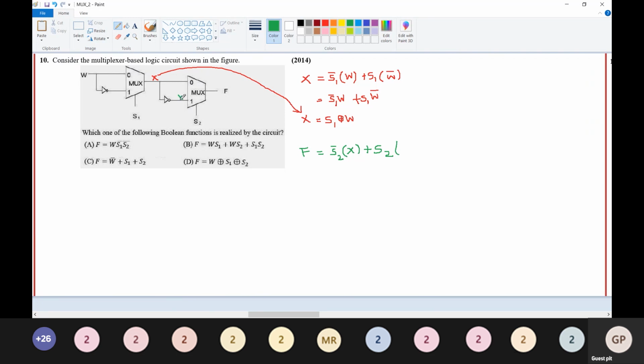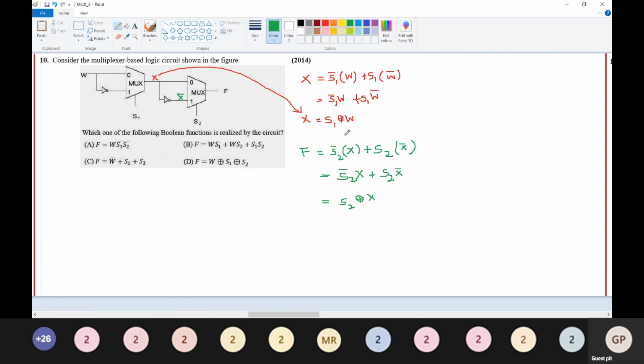It can be further written as S2 dash into X plus S2 into X dash, which is the same as the above XOR. So S2 XOR X.